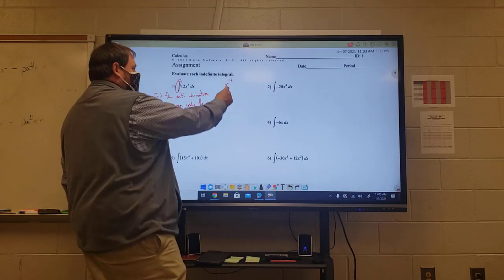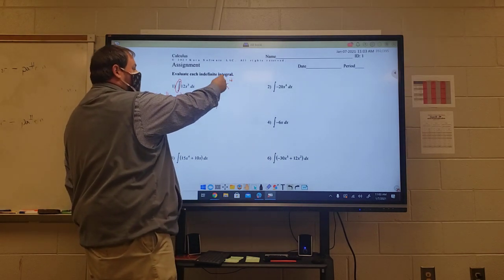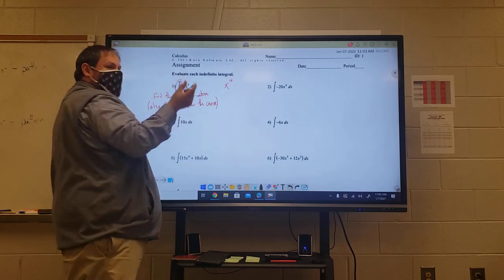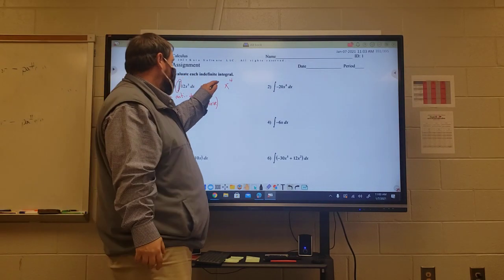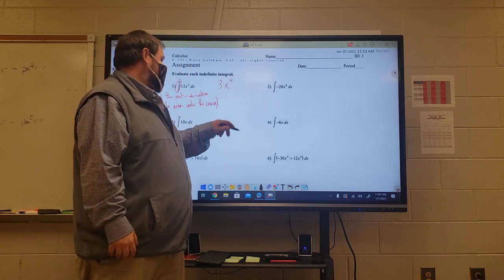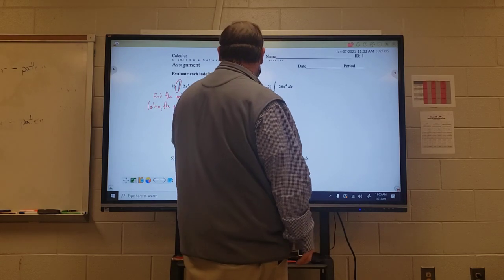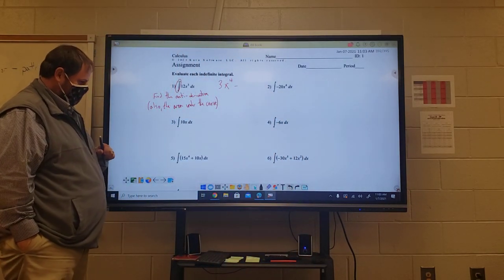But if I take the derivative of x to the fourth, I get 4x cubed. I need 12x cubed. So put a 3 in the front. And then we have our constant of integration.